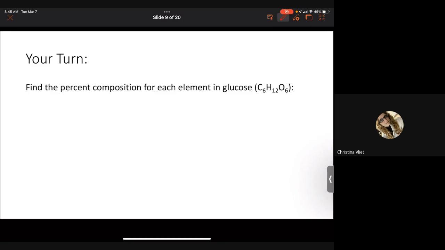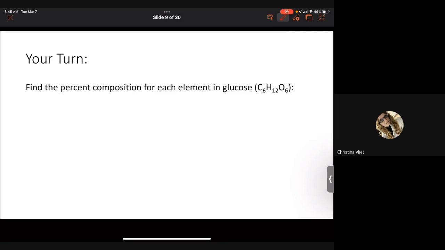Many of you got the answer correct. I know that some of you are still working on it. As long as you had put anything on your pod, like any sort of response that you were working on, you'll get full credit for participation. I'm sharing with the class one of your responses. This is absolutely correct. So the percentages worked out to be 40% for carbon, 6.7% for hydrogen and 53.3% for oxygen.